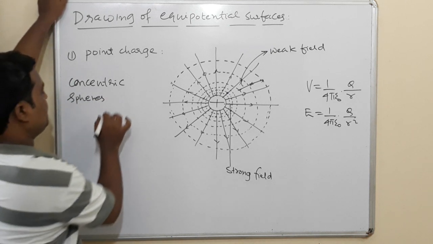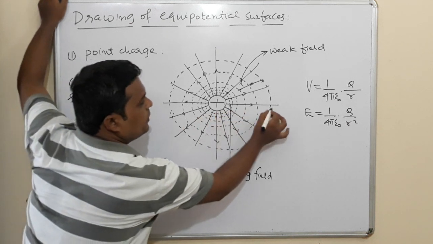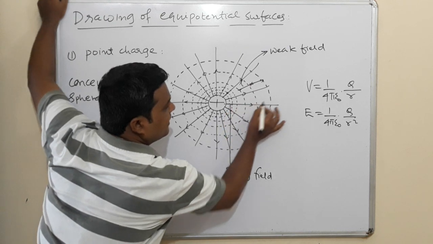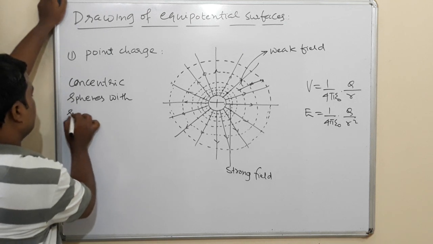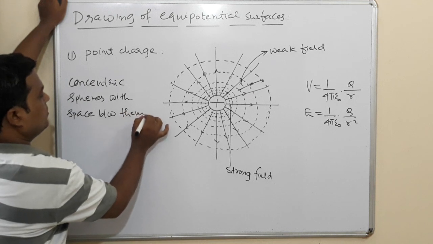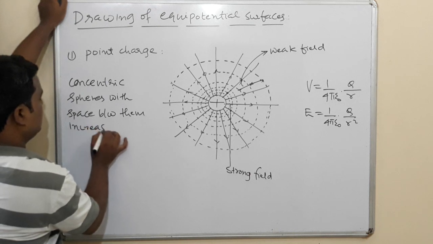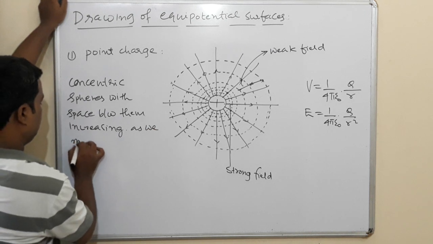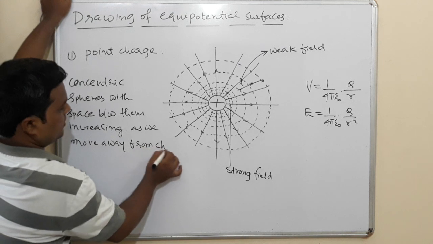The concentric spheres with increasing space between them. See, the space between them is less near the charge, and the space between them keeps increasing as we move away from the charge.